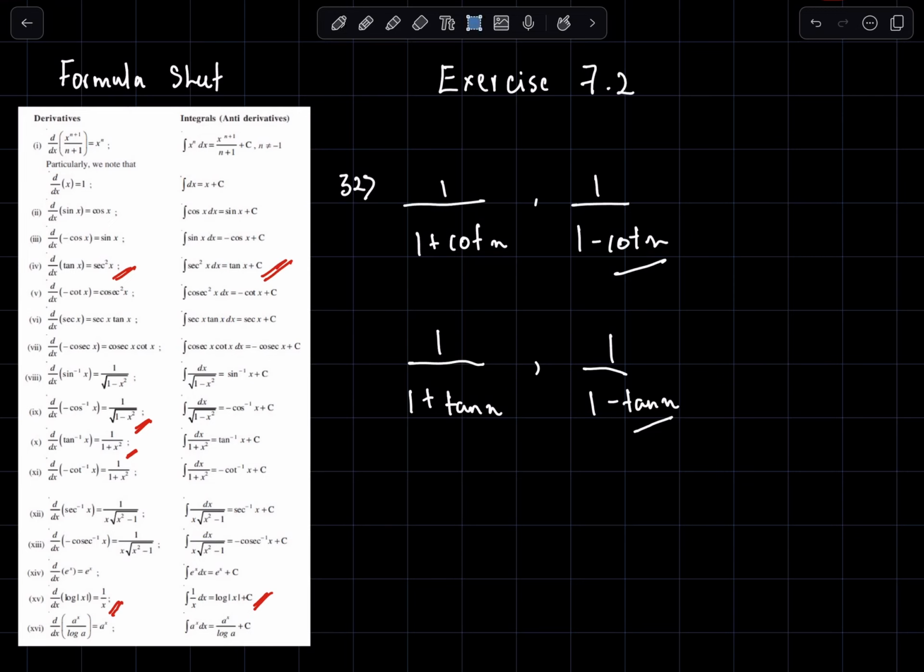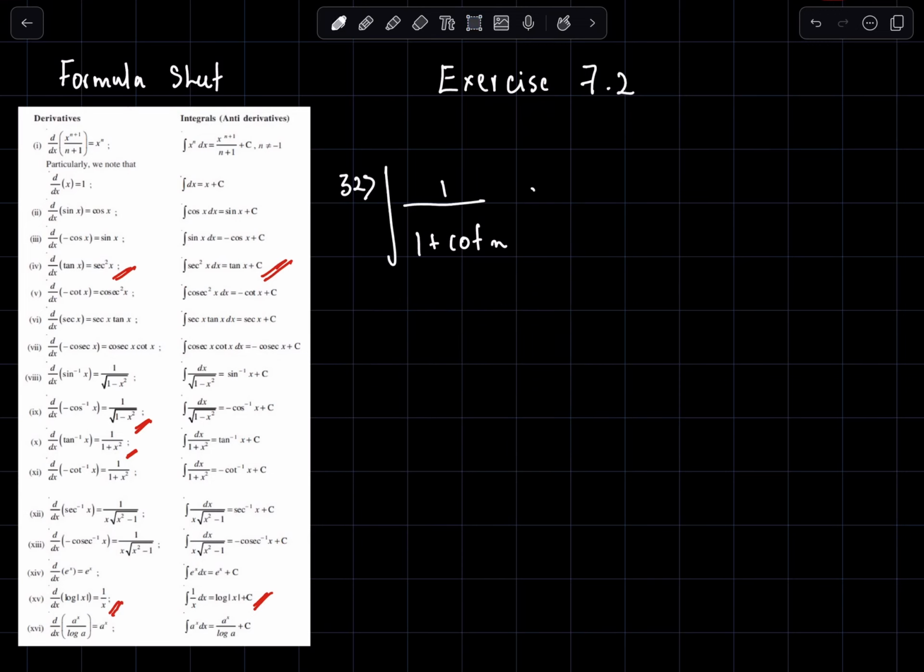So let's solve this. Just remember, whenever you have these questions, break cot and tan in terms of sine and cosine. As simple as that. So let's integrate this dx. Cot is equal to cosine over sine.